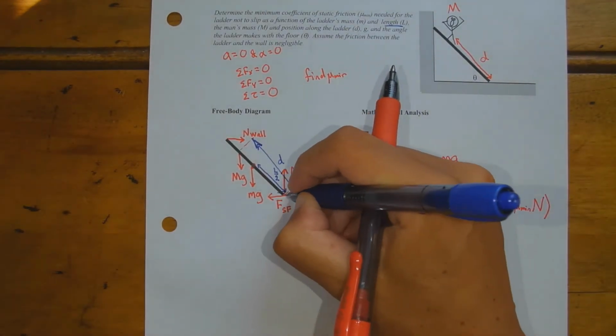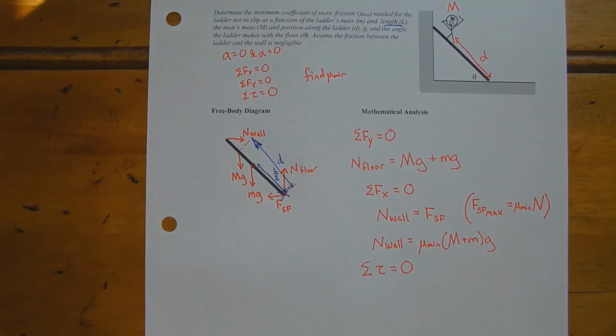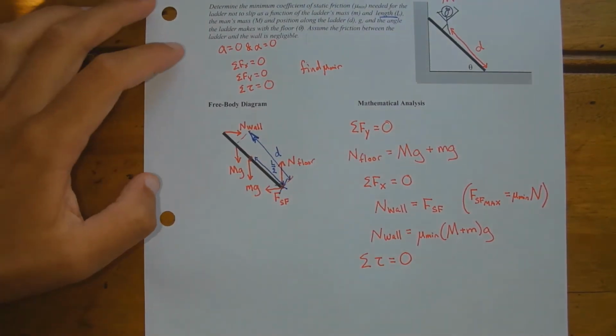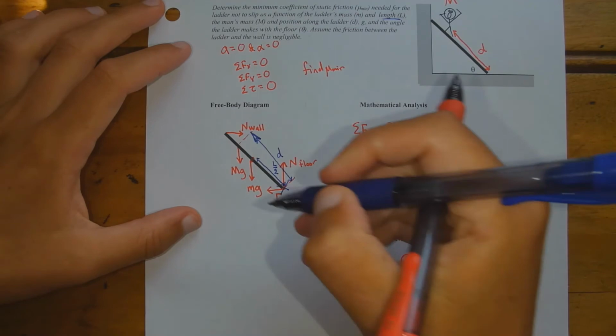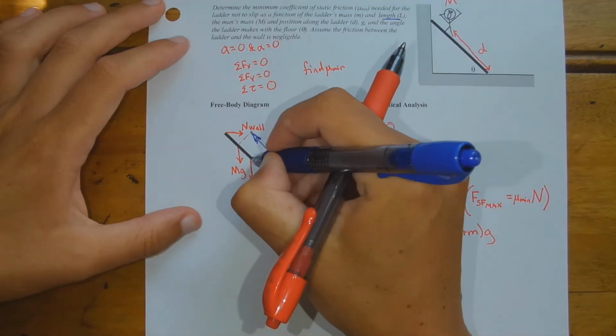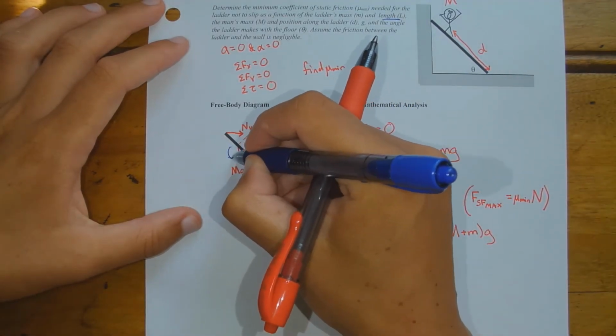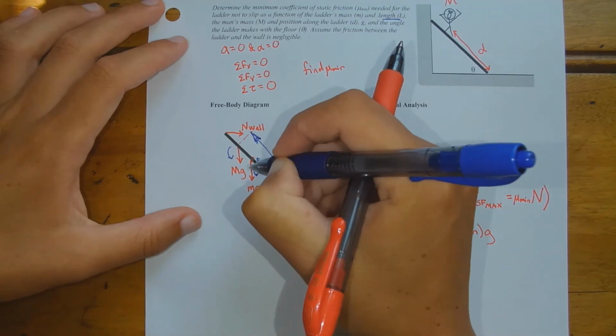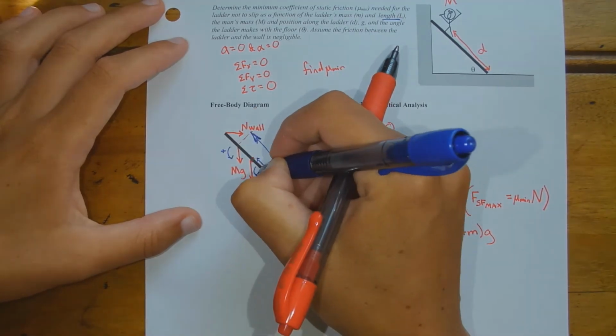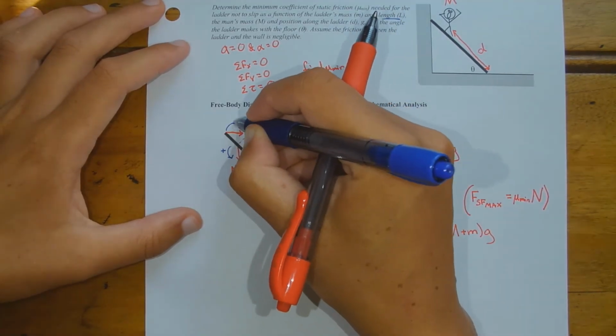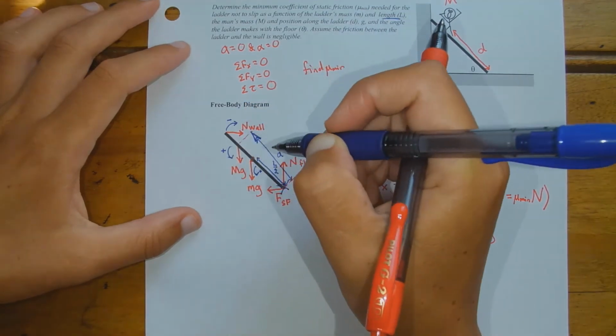I'm going to choose that for my pivot point, so that will get rid of those two forces from my equation. And the force of gravity for the ladder and for the man, both of those are going to cause rotation in the counterclockwise direction, and the force of the wall is going to cause rotation in the clockwise direction.